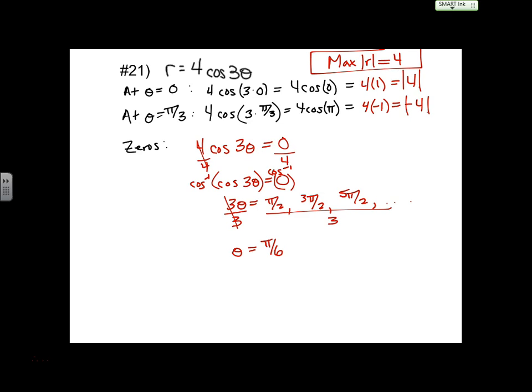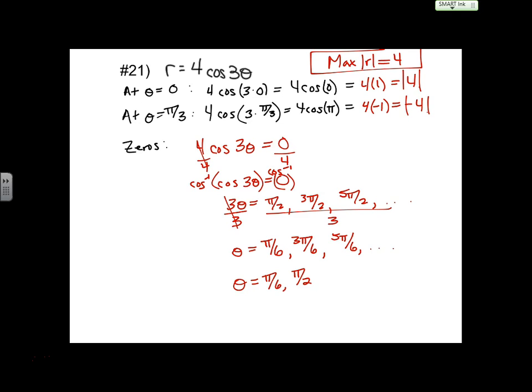Pi over 6 times 3 is pi over 2, so it will become the angle I need it to be. The next one, 3 pi over 6, of course, can reduce to pi over 2, then 5 pi over 6. Oh my goodness, it's going to be every single pi over 6 angle and every single pi over 2 angle.